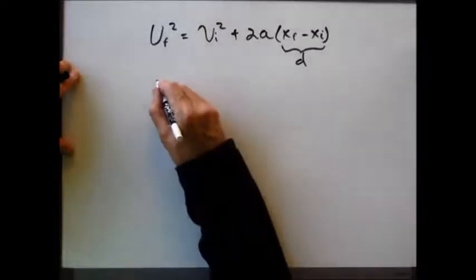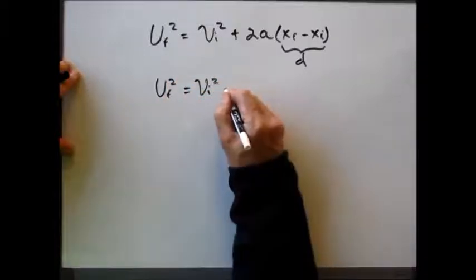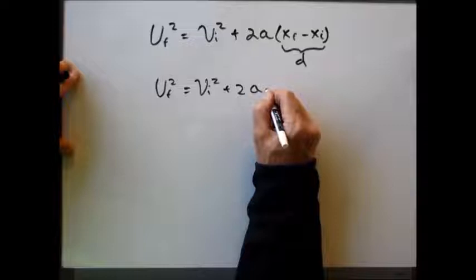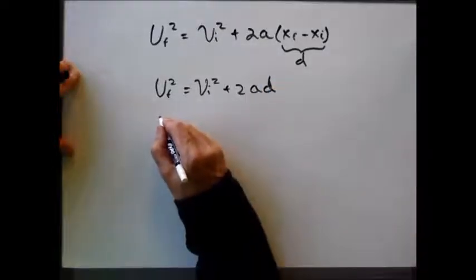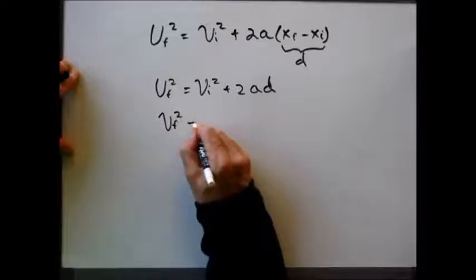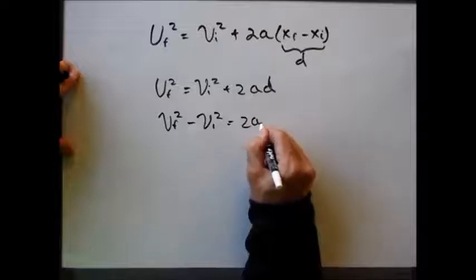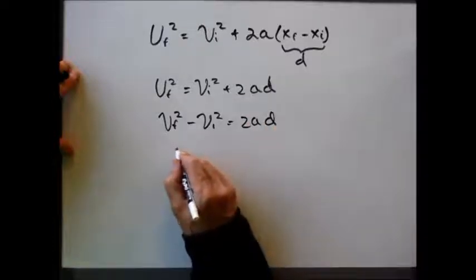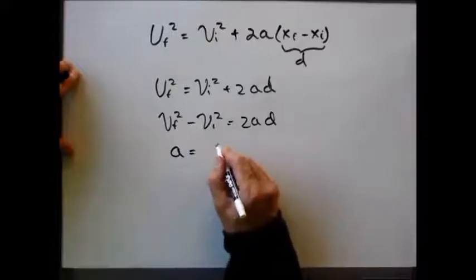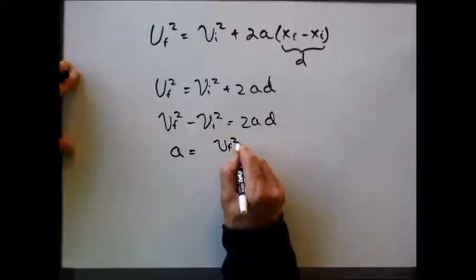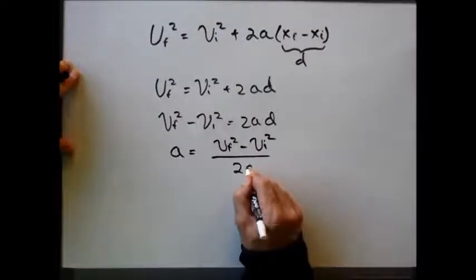And then we're going to solve this equation for the acceleration. And so we're going to write this as V final squared is equal to V initial squared plus 2A times d. Or we can say V final squared minus V initial squared is equal to 2AD, or we can say the acceleration, dividing both sides by 2D, is equal to V final squared minus V initial squared over 2D.